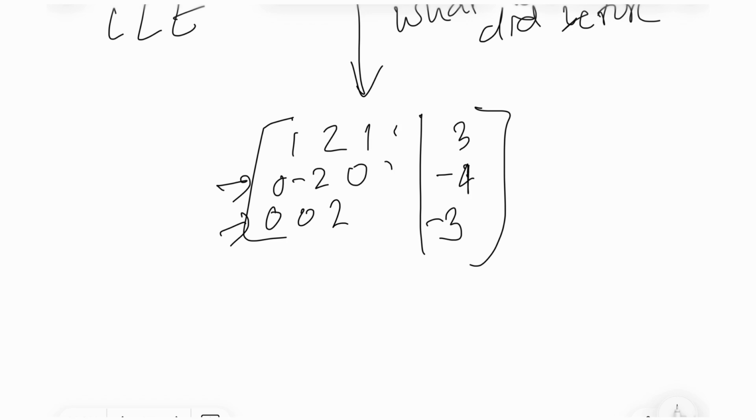Again, to turn this into a 0, we're going to look at the row that's directly below it. So let's use this. Since this is a 0, we want to make this a 0. I'm going to subtract half of this.